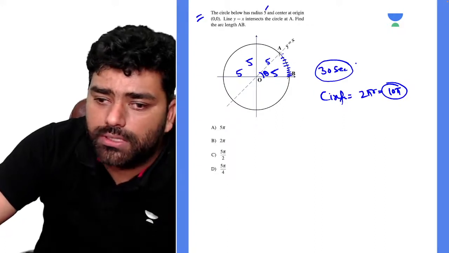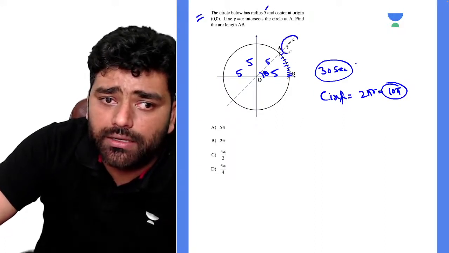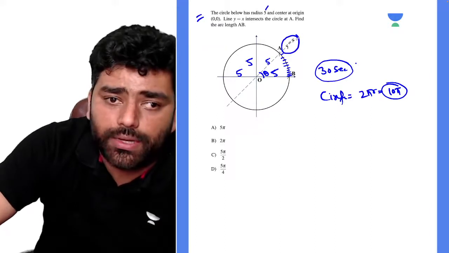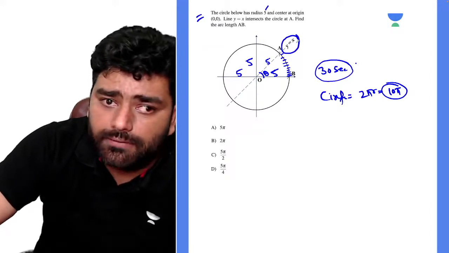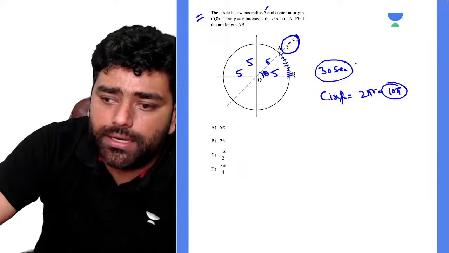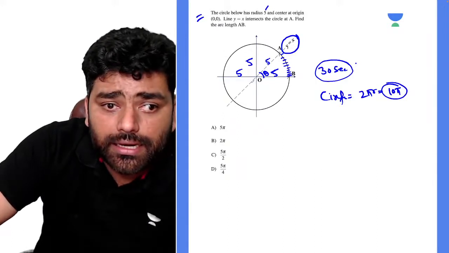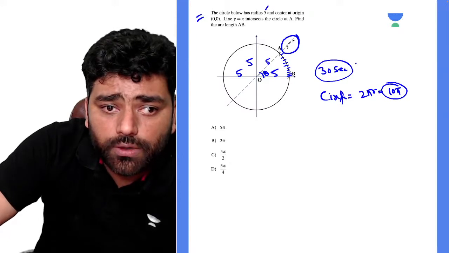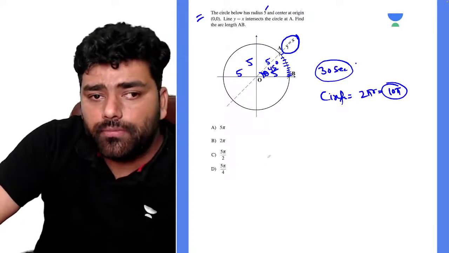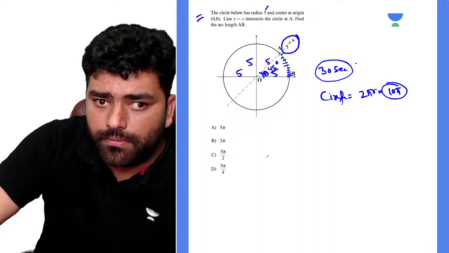But what we know is this is the line y is equal to x, right guys? So definitely this line passes through the center, and it makes an angle of 45 degrees, right?